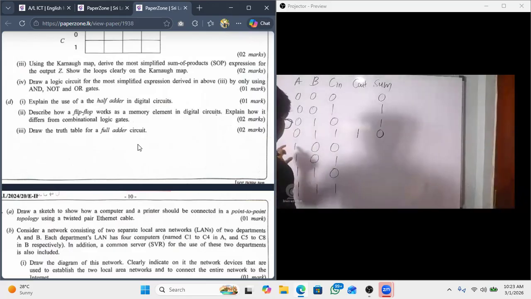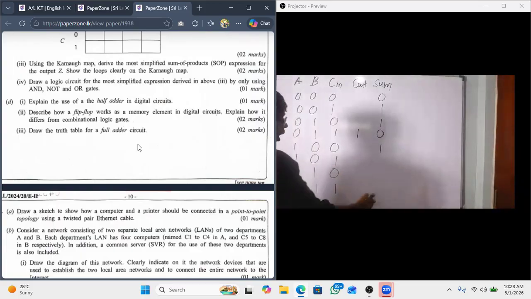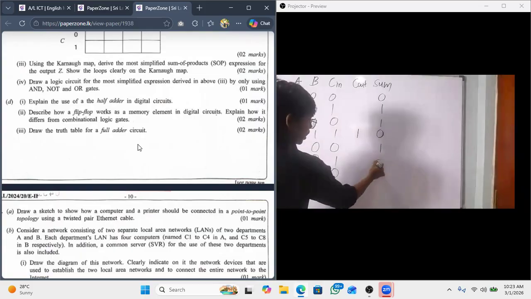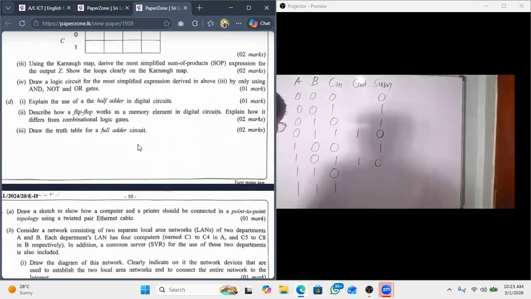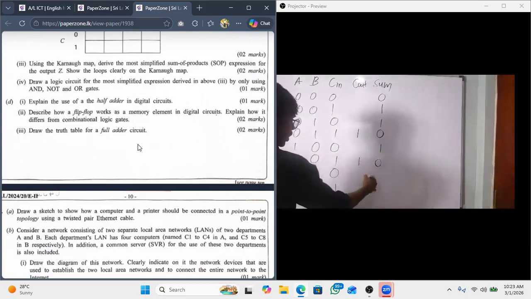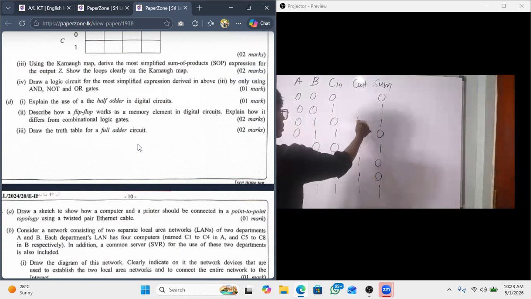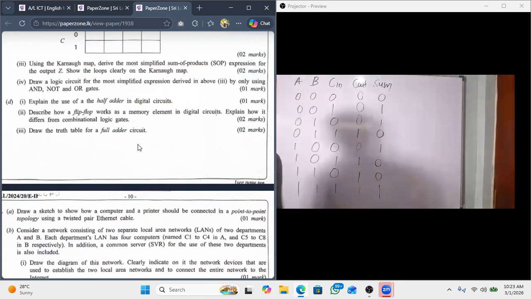Here, 1, 0, 0: again, it's 1. 1, 0, 1: again, 2, and you can write 0 here, 1 here. 1, 1, 0: 2 again. Here, 1, 1, 1 is 3. How should you write 3? Like this. You can put the balance as zeros. This is the answer. Who got it correct? Understood? Is it clear?